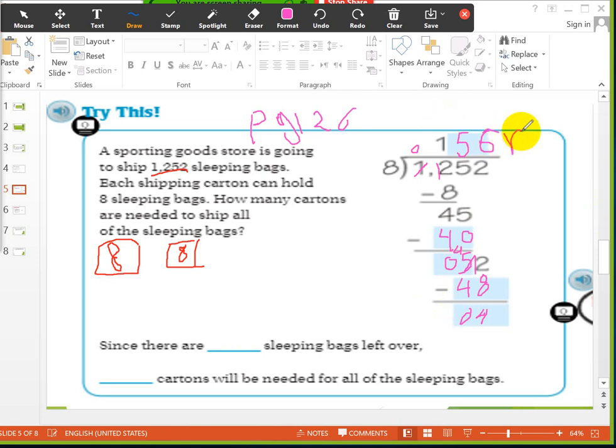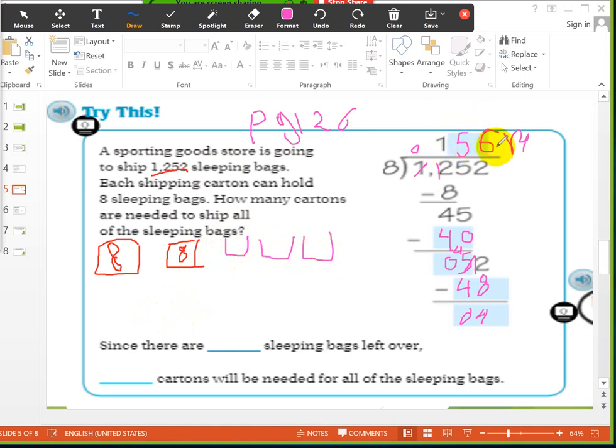Okay? A remainder. What does this remainder mean? Look, I have a sleeping bag. So that means when I divide the sleeping bags in each box or in each carton, how many cartons do I have?